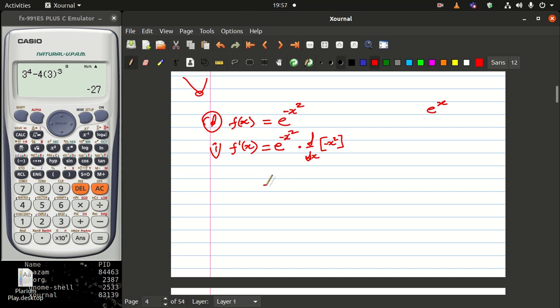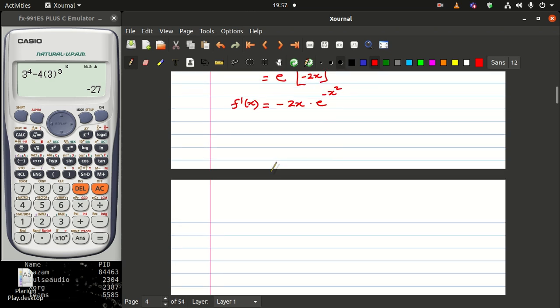So we have e raised to minus x squared, and the derivative of that is minus 2x. So this whole thing is telling us that we have minus 2x times e raised to minus x squared. That is our first derivative of this particular function.